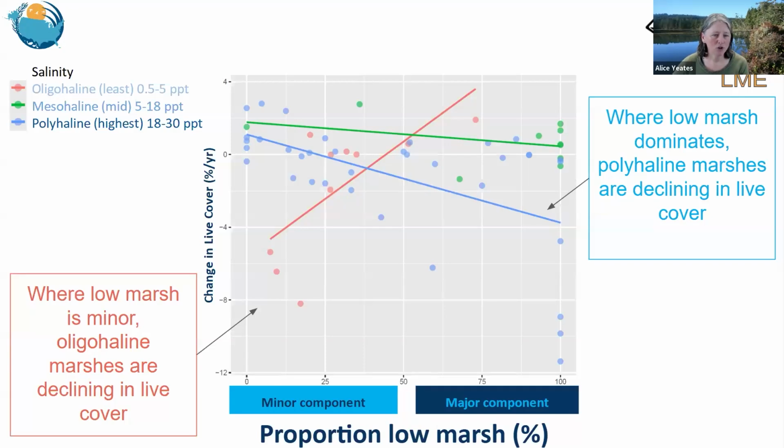In the orange line here, this is where low marsh is minor, and those least saline sites, the oligohaline marshes, are declining in live cover. Whereas in the blue there, low marsh dominated areas, polyhaline, so those higher salinity marshes, are declining in live cover. So you can see there's an interaction effect depending on how much of the marsh is low marsh or not. Next.